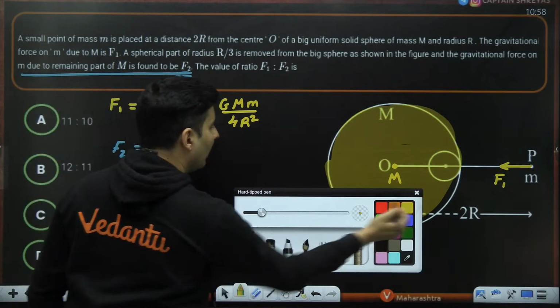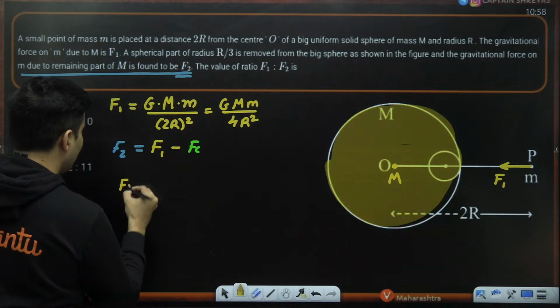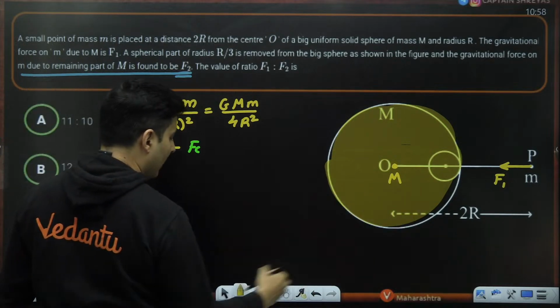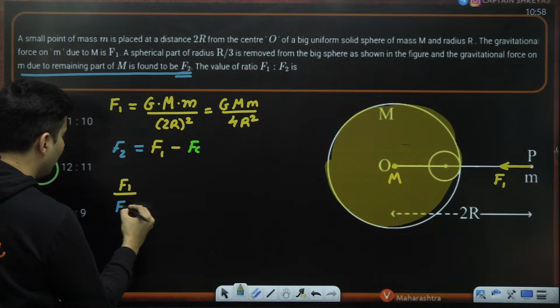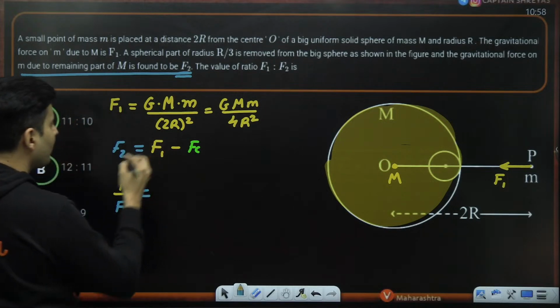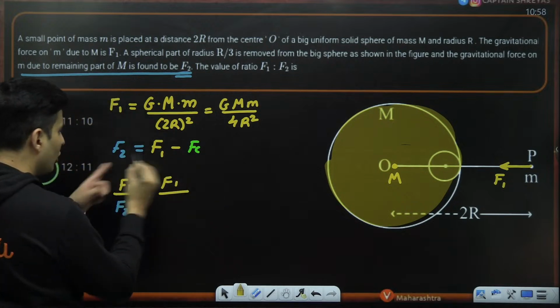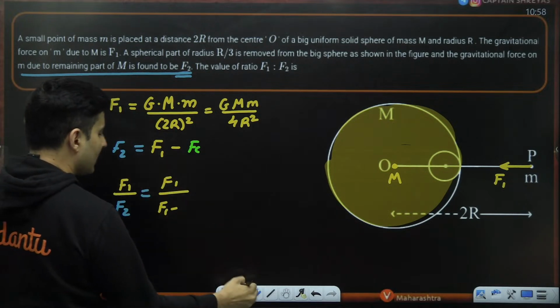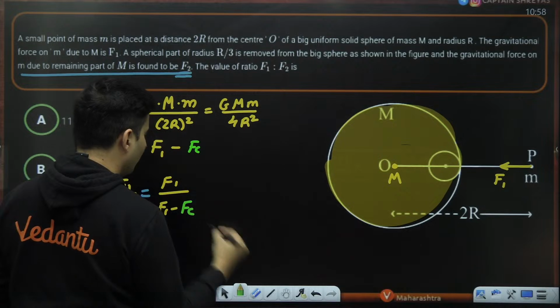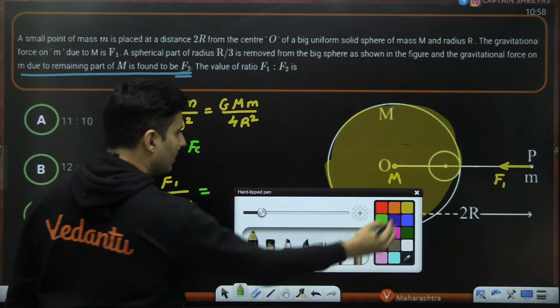And now we have to find the value of F1 divided by F2. Naturally, F1 is on the top, so F1 will come over here as it is. F2 is F1 minus Fc, so that will come over here. So start substituting the values now.